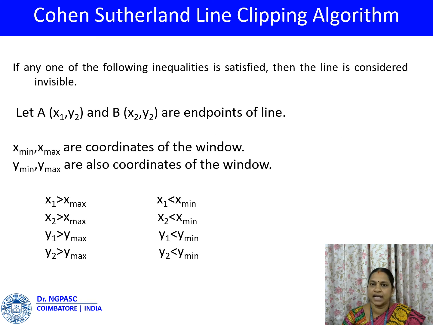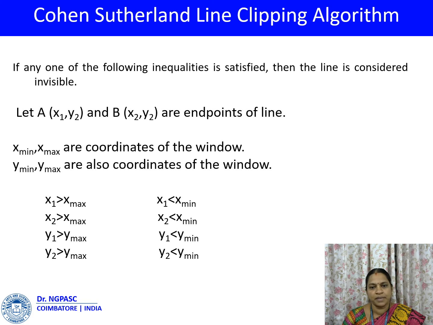And how can we identify whether the line endpoints lie outside the window or inside the window? We have to check these conditions. If any one of the following inequalities is satisfied, then the line is considered invisible. For example, let A (x1, y1) and B (x2, y2) be the endpoints of the line. xmin and xmax are the coordinates of the window, that is, the minimum and maximum of the x coordinates.